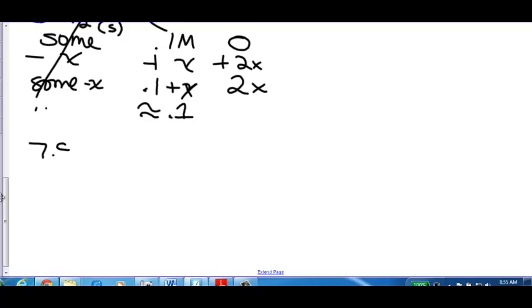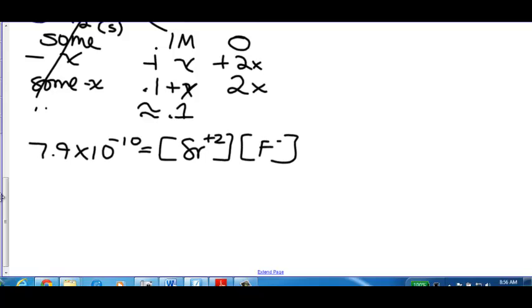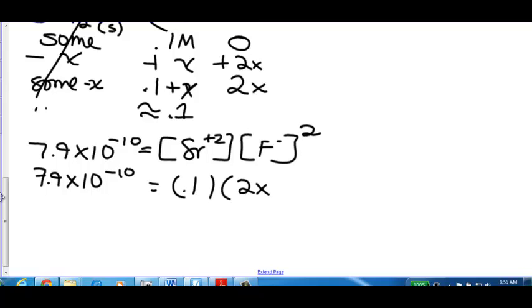So 7.9 times 10 to the negative 10 equals your concentration of strontium at equilibrium times your concentration of fluoride at equilibrium squared. So 7.9 times 10 to the negative 10 equals 0.1 times 2x squared.